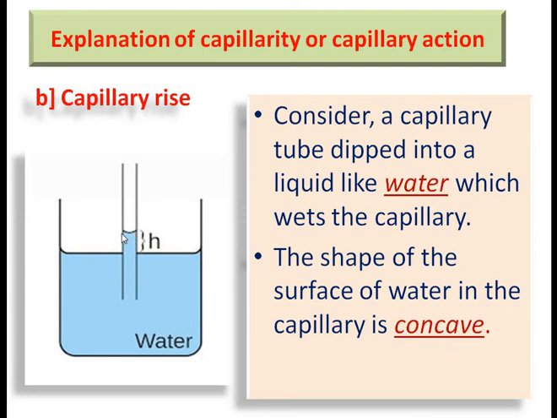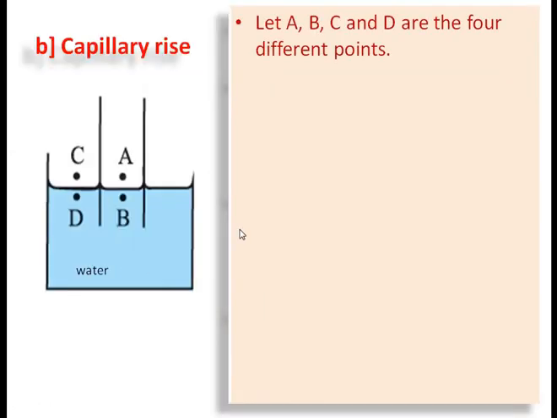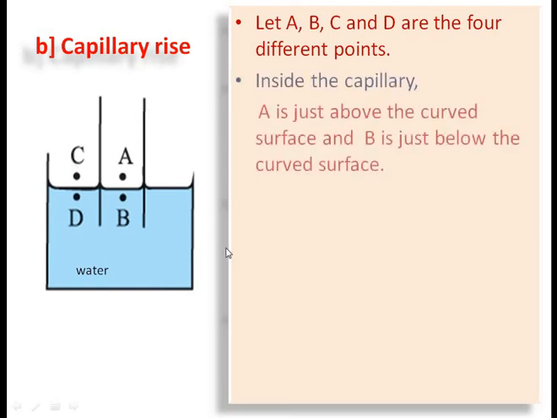या ठिकाणी आपण कॉन्केव्ह सरफेस दिसतोय बघा. वॉटर असेल, कॅपिलरी ट्यूब असेल तर त्या ठिकाणी कॅपिलरी मधली राईज आहे त्या ठिकाणी कॉन्केव्ह सरफेस आपल्याला बघायला मिळतो. अगेन वी विल कन्सिडर 4 पॉइंट्स. A and B are the points inside the capillary, and C and D are the points outside the capillary.